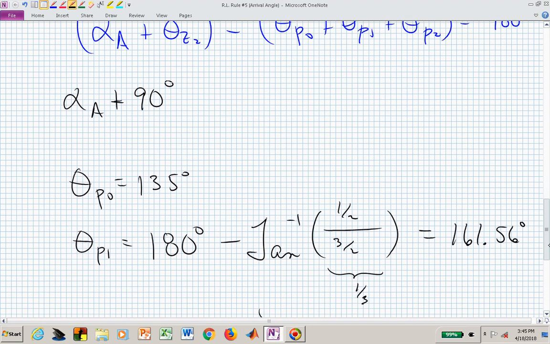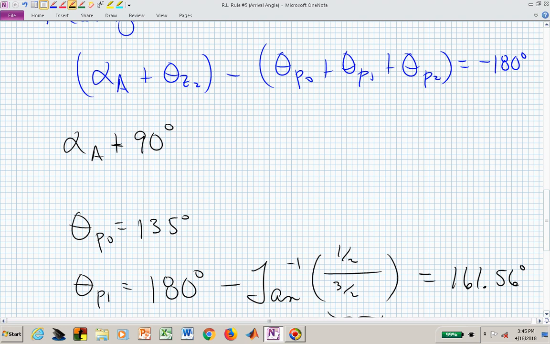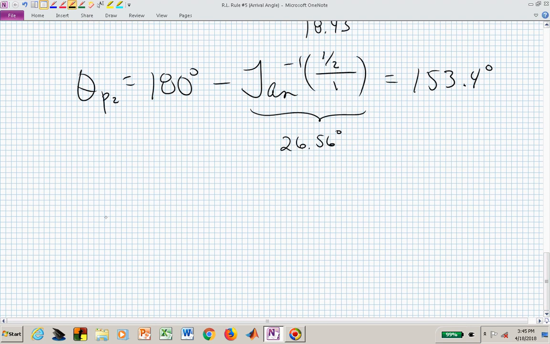Now if we add all of those up, we had theta sub A, or alpha sub A, plus 90 degrees minus 135 degrees plus 161.56 degrees plus 153.4 degrees equaling minus 180 degrees. If we add all of those up algebraically, hopefully we end up with an arrival angle of minus 180 plus minus 90 degrees.